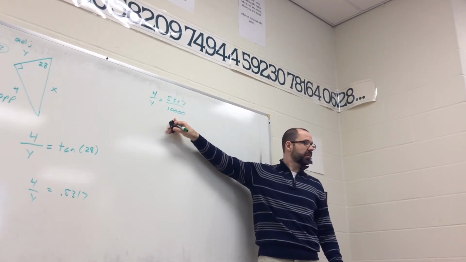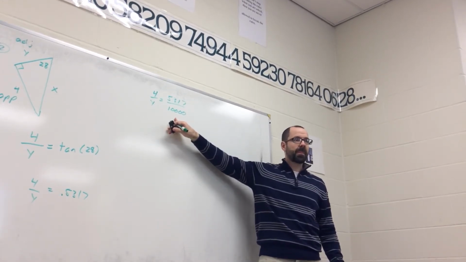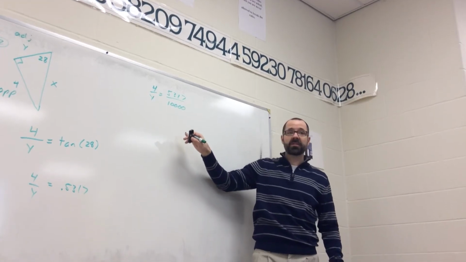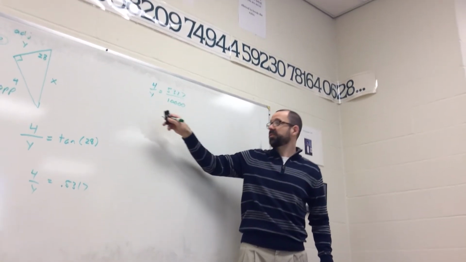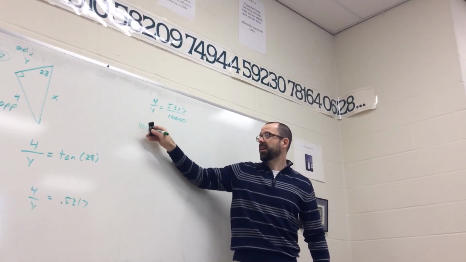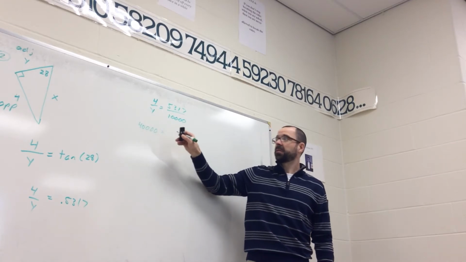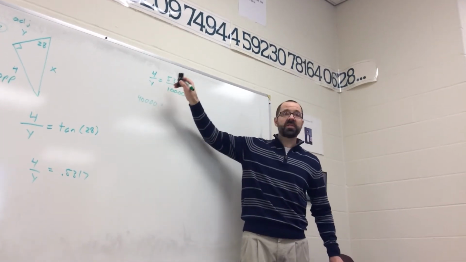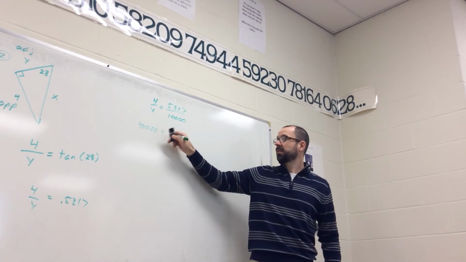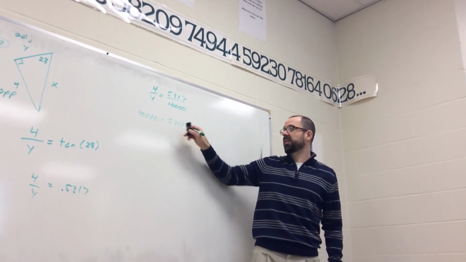Everybody still okay? Then you do the cross products. So 4 times 10,000 is 40,000. 5317 times y is 5317y.